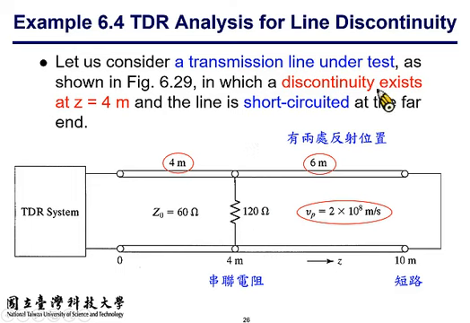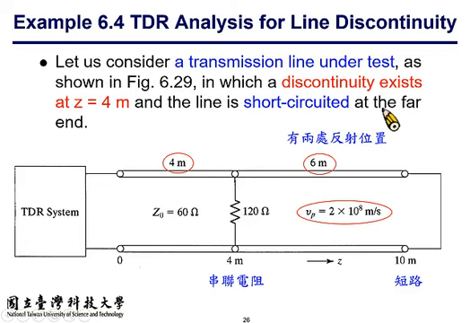Okay, so which places on the transmission line will provide reflection? Well, it will provide reflection if you have impedance mismatch. And the impedance mismatch is provided by discontinuous conditions on the transmission line. So the first discontinuity is over here.